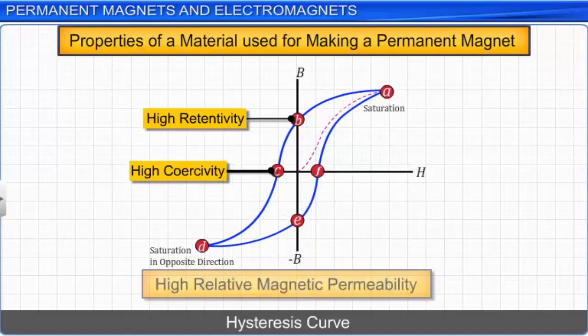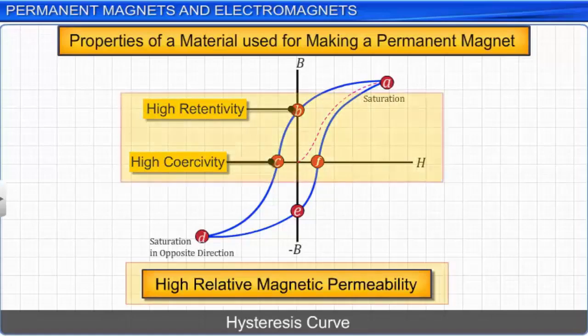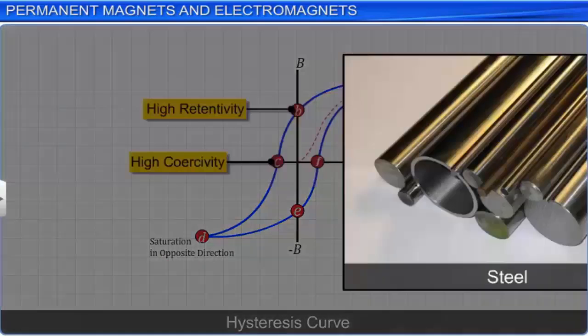Thus, taking into consideration of all the properties, steel is the most suitable choice. The other suitable materials are alnico, cobalt steel, and taconil.